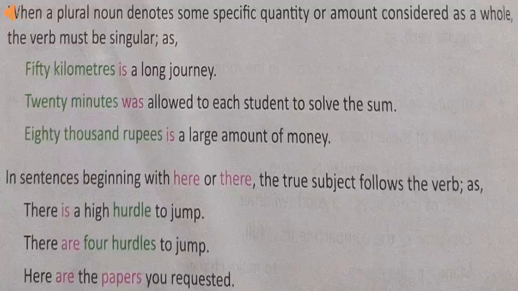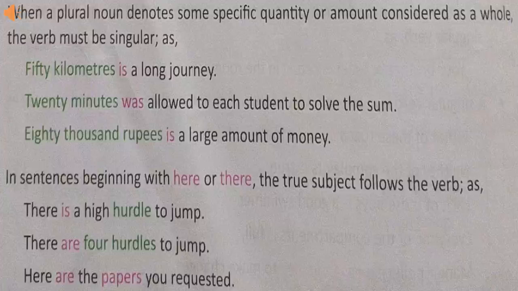In these sentences, the plural nouns 50 kilometers, 20 minutes and 80,000 rupees are telling about some specific quantity or amount as a whole. So that's why a singular verb is used with all these plural nouns.